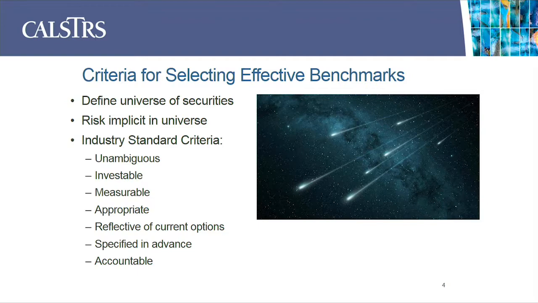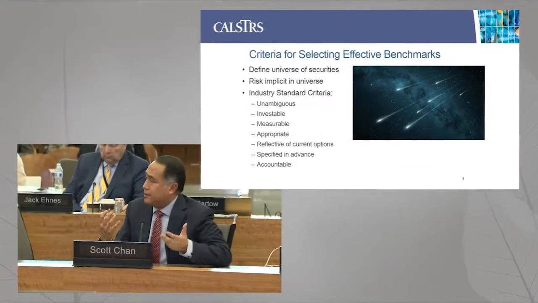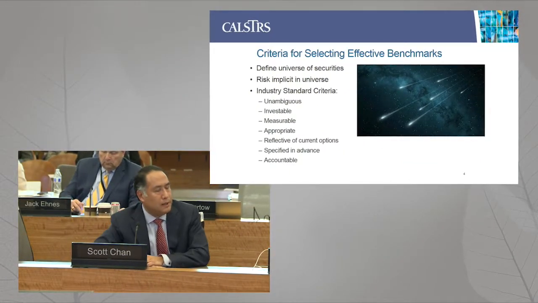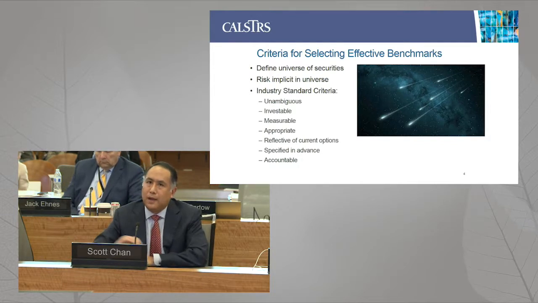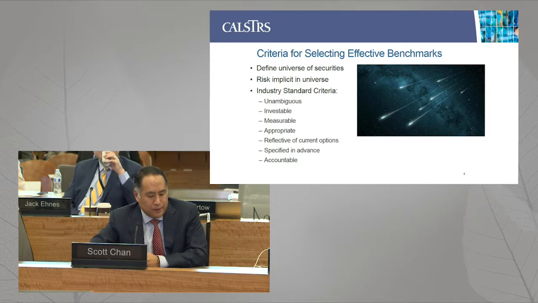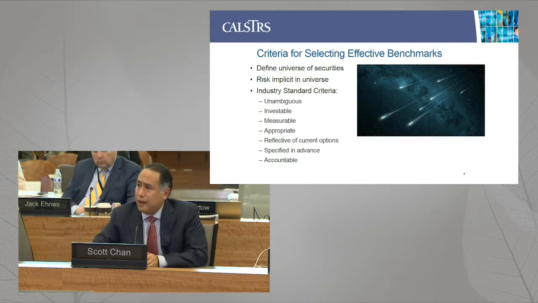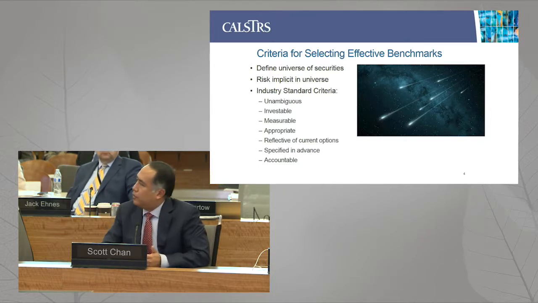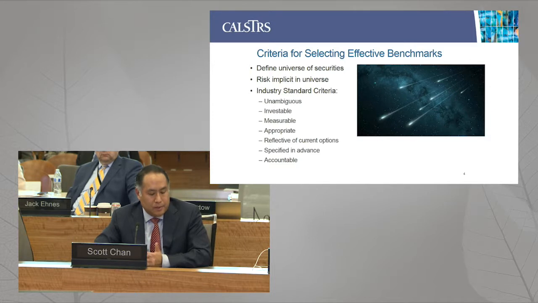So what are the other criteria? That's probably the largest criteria to consider, the risks that you're taking and how the benchmark is going to define that. But what are the other criteria? One is being unambiguous. So that just means securities are clearly defined and weighted. It's investable. We can actually own the portfolio. It's measurable.